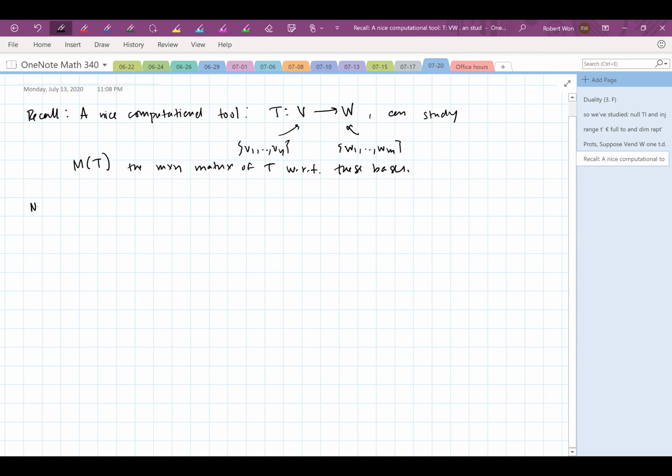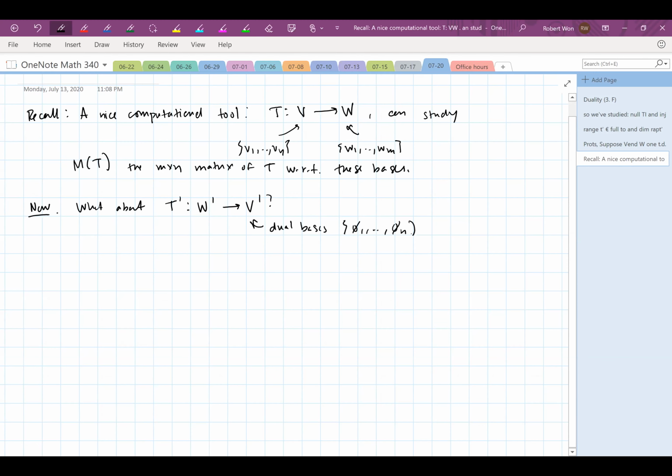Now, what about T dual, from W dual to V dual? Well, we know that if I have a basis of V, I can take the dual basis. Let's call it phi 1 up through phi n.